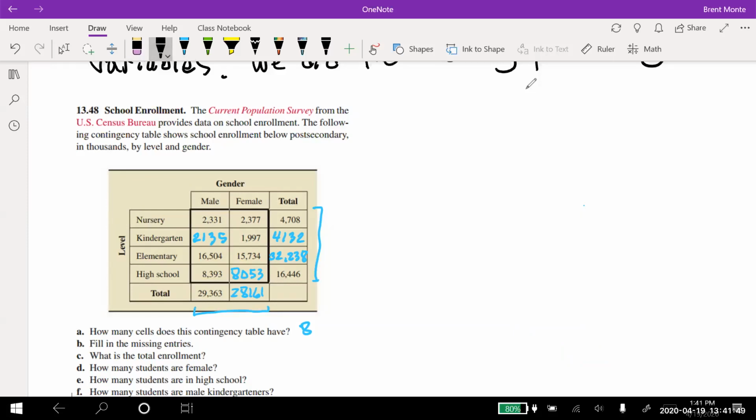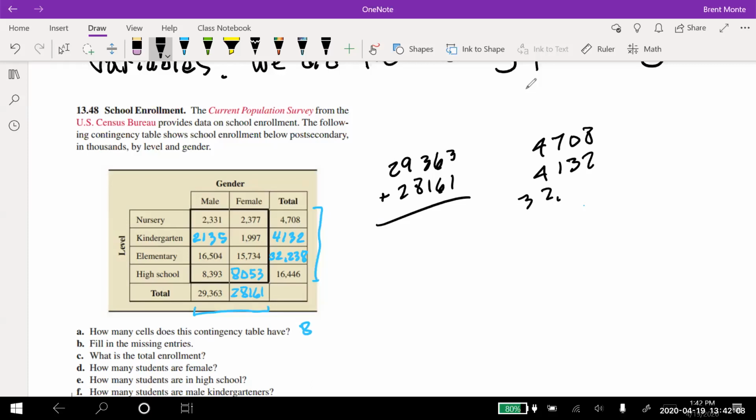So over here, I'm going to add up the 29,363 plus 28,161. See what I get. Over here, I'm going to add up the 4708, the 4132, the 32,238, and the 16,446. Hopefully these will match.